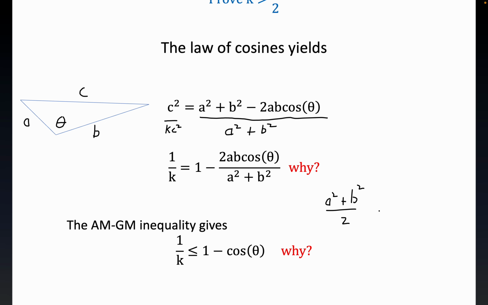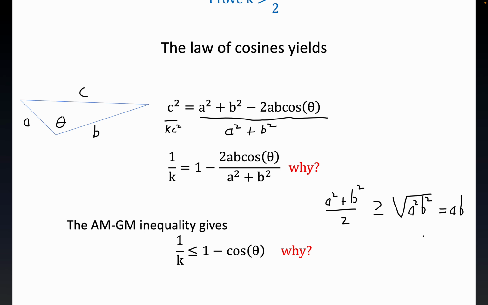So a squared plus b squared over 2 is greater than or equal to the square root of the product. It's a fundamental inequality in the sense it relates addition and multiplication. But notice this part is just equal to ab, right? And so you can see pretty quickly how this happens.